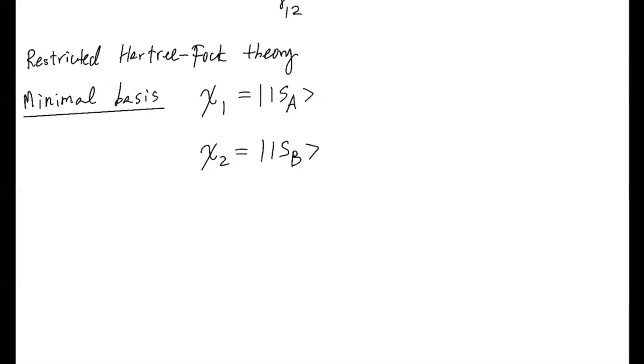For instance, we can choose the 1s here as the STO-3G, which means we use 3 Gaussian functions to represent a Slater-type orbital. Well, the exact solution of the 1s hydrogen orbital is indeed a Slater-type orbital. So in this case, we introduce a linear combination of Gaussian functions to represent the 1s orbital.